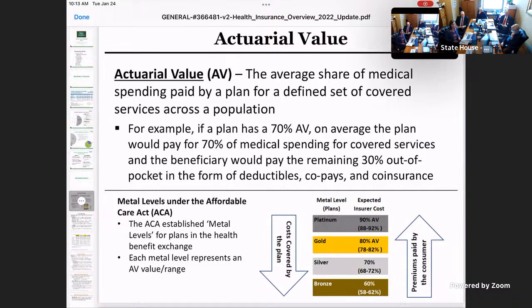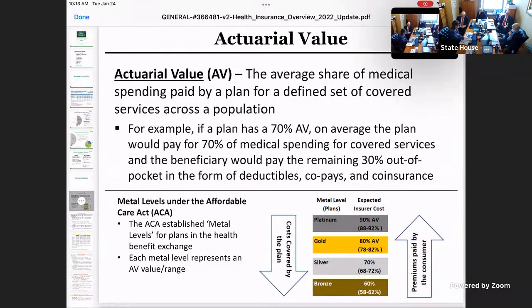You may have seen when you have shopped for insurance maybe previously that you can have your platinum plan, your gold plan, your silver plan, a bronze plan, and each plan comes with a different level of, let's say, share that the insured person has to cover for the plan.